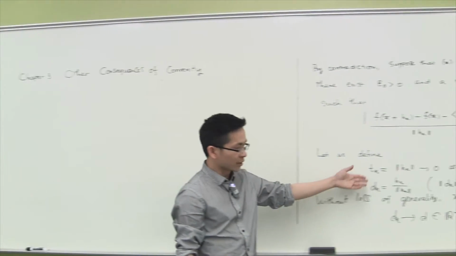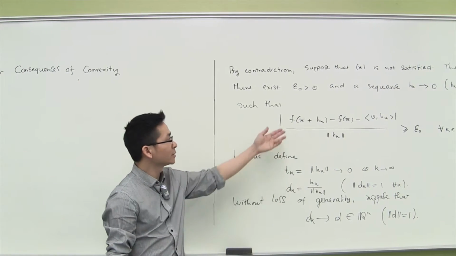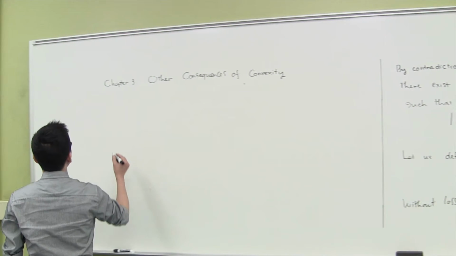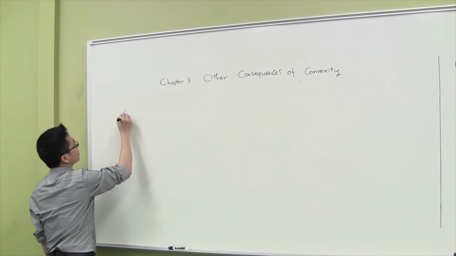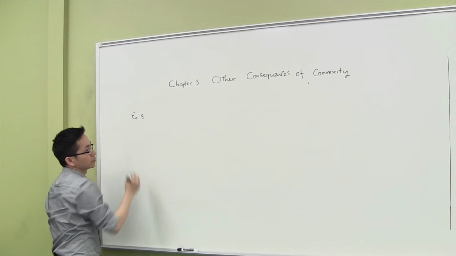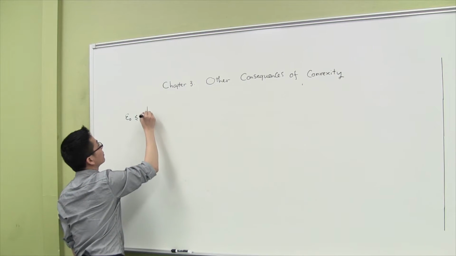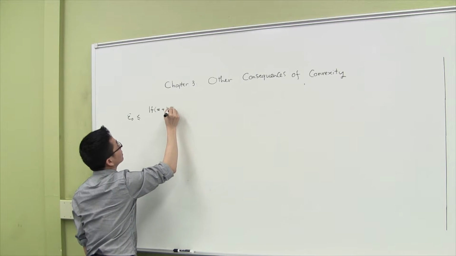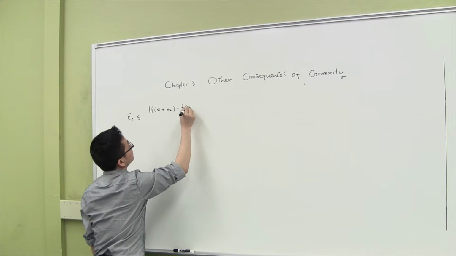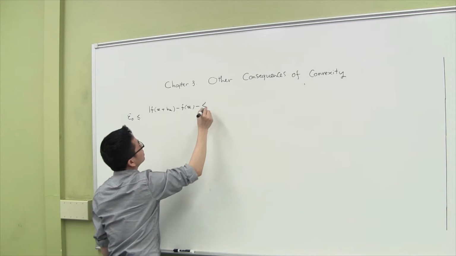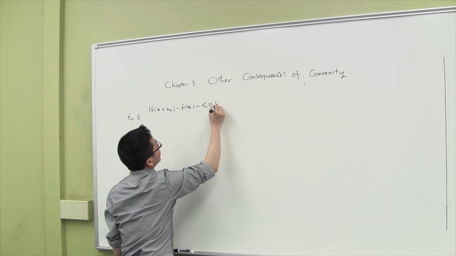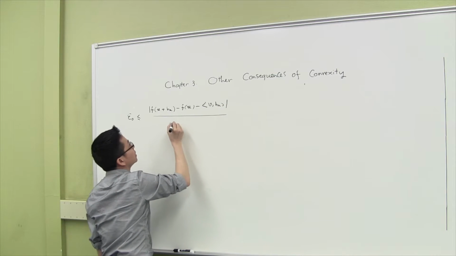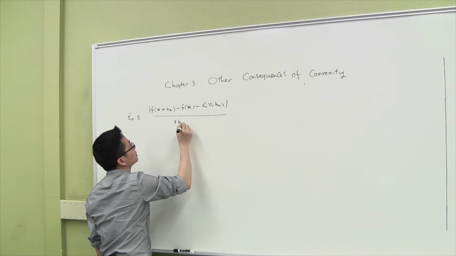Using these notations, we are going to rewrite this inequality as follows. We have that epsilon naught is less than or equal to the absolute value of f of x bar plus hk minus f of x bar minus the inner product of v and hk, everything divided by the norm of hk.